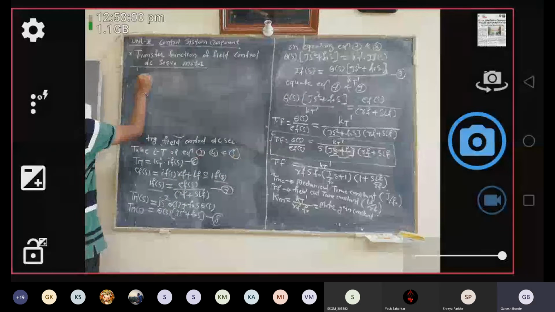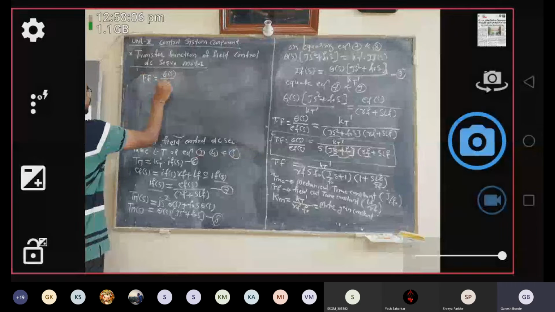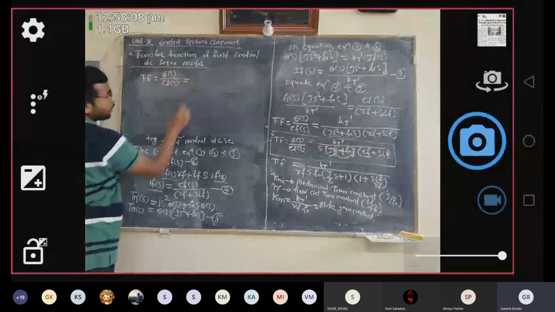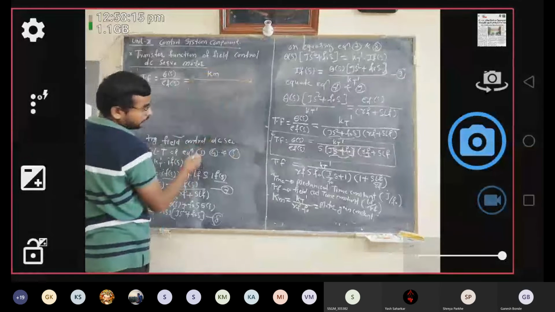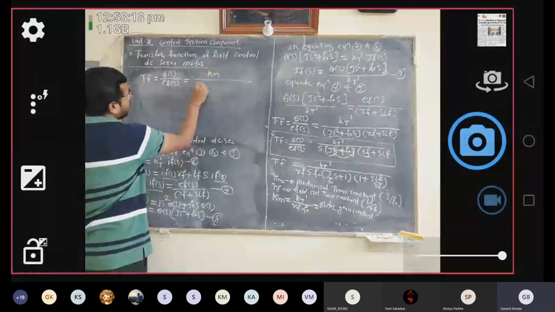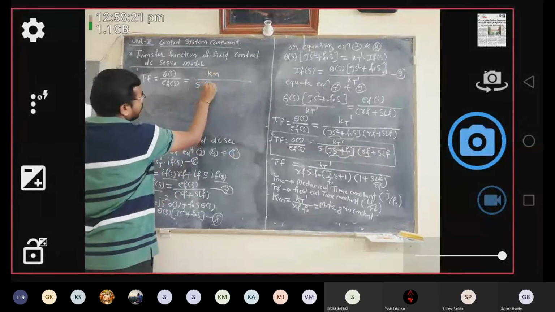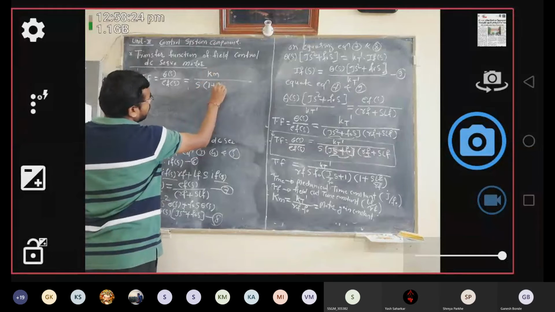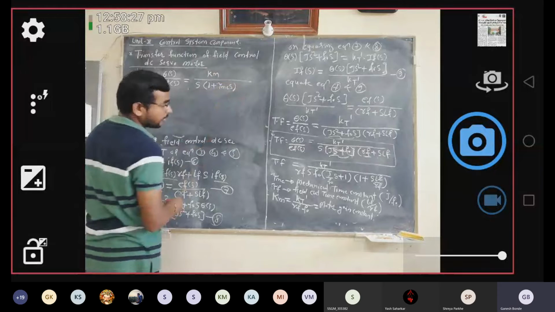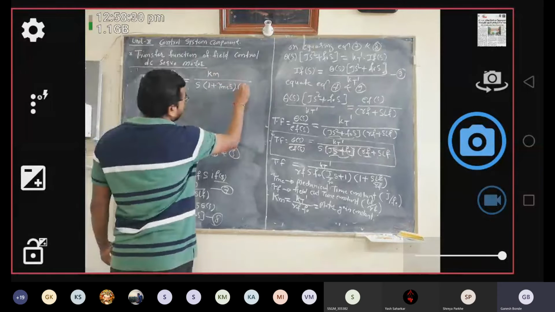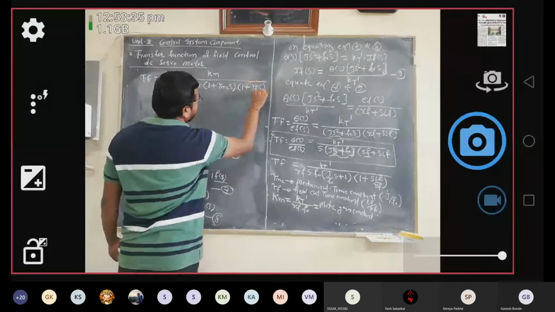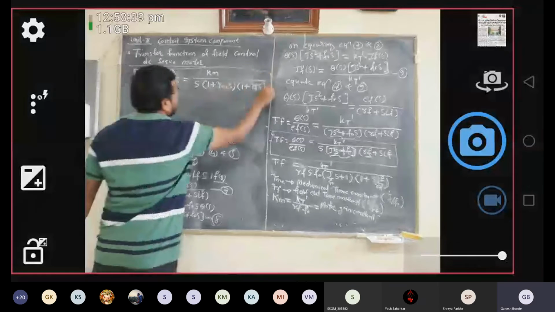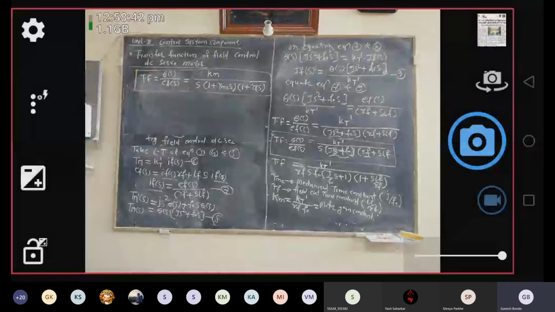The transfer function theta of S upon EF of S is given by Km upon S into 1 plus tau ME S into 1 plus tau F S. So this is your transfer function in terms of time constant form.